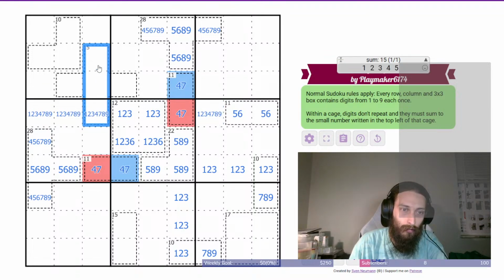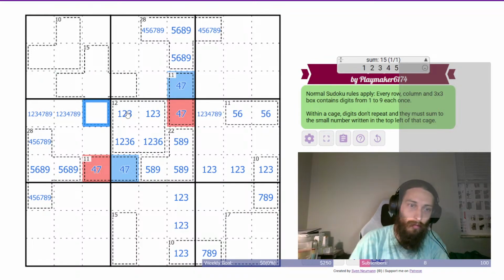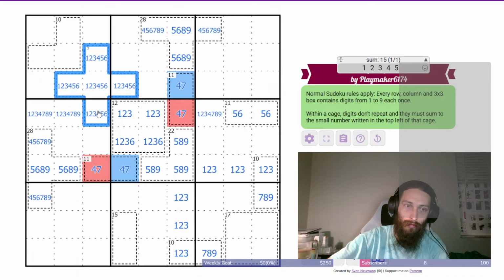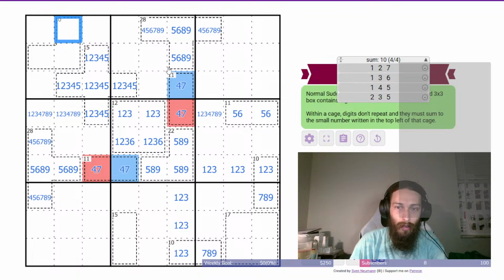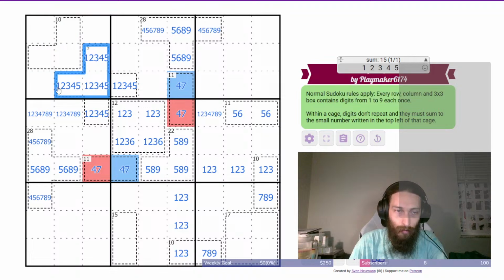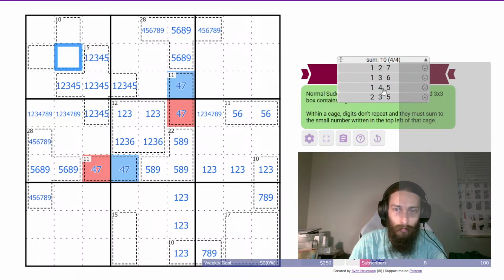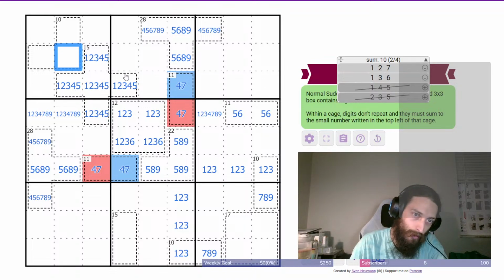But yeah, so let's look at this 15. The 15 we know has to be 1, 2, 3, 4, 5. This 10 cannot have a 5 in it, because if it did, it would be 1, 4, 5, which would be 3 of the digits from the 15, which would be pushed out, and there's only 2 sticking out. So it can't have a 5 in it ever, as 1, 4, 5, or 2, 3, 5.